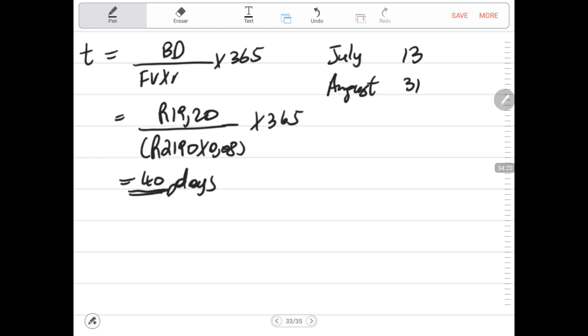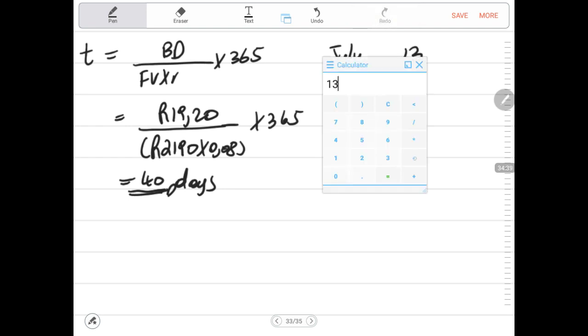Now 31 plus 13 is already above 40. So we don't need the entire 31 days in August, though August ends on the 31st. In the month of August, we don't need the entire 31 days. Why?